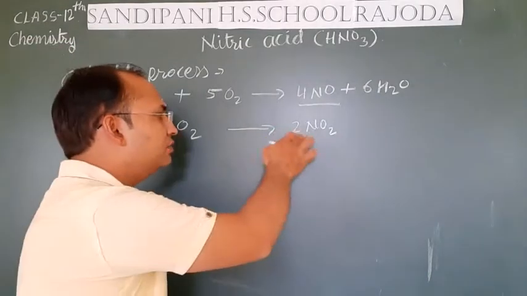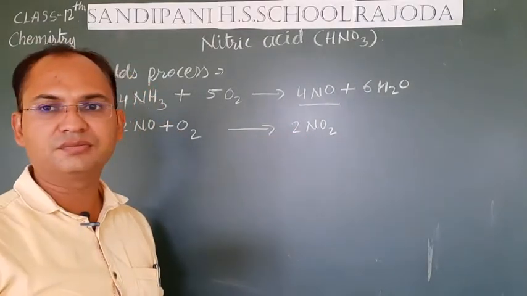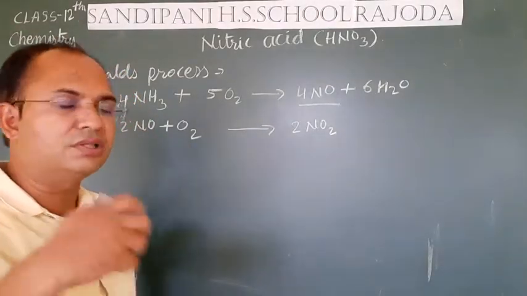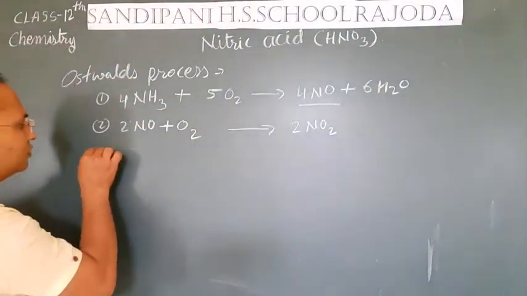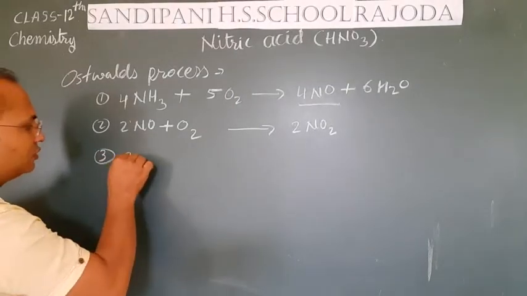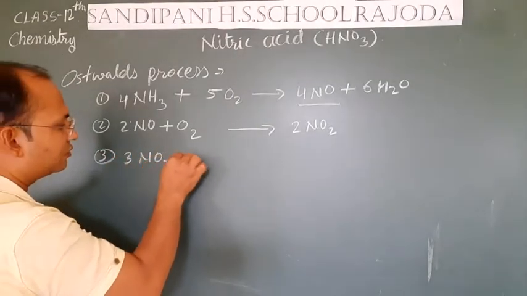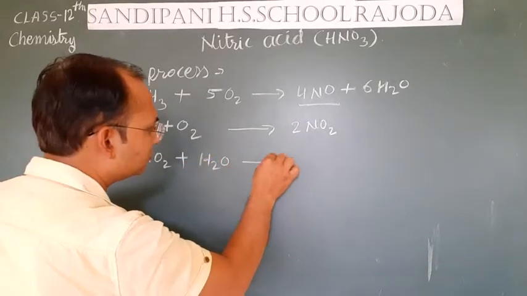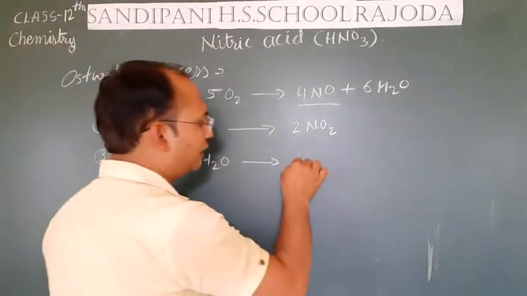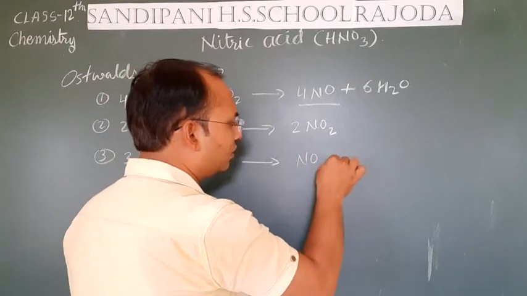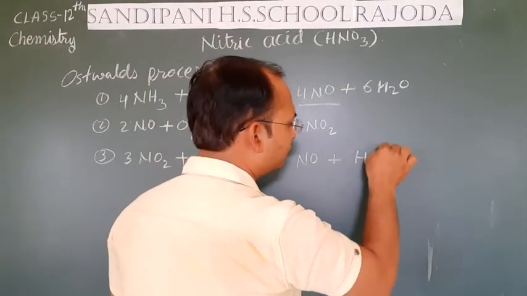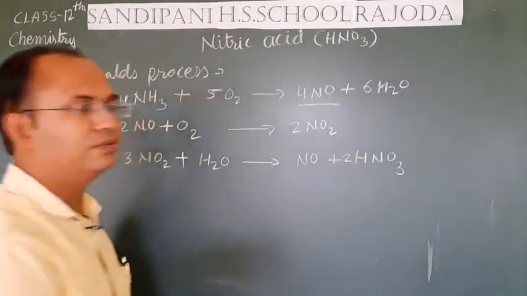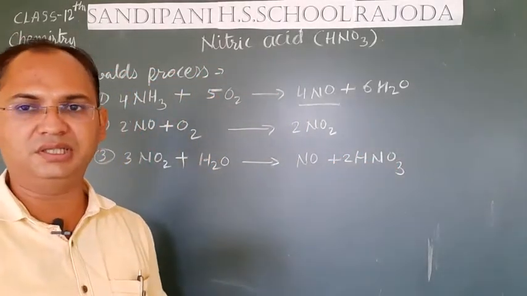Now this nitrogen dioxide combines with water and forms nitric acid along with the formation of nitrogen oxide. So in the third step, 3 molecules of nitrogen dioxide combine with 1 molecule of water to form nitrogen oxide along with the formation of nitric acid, and 2 molecules of nitric acid are formed in this reaction.